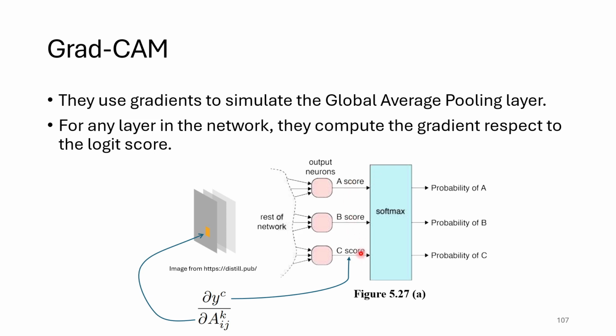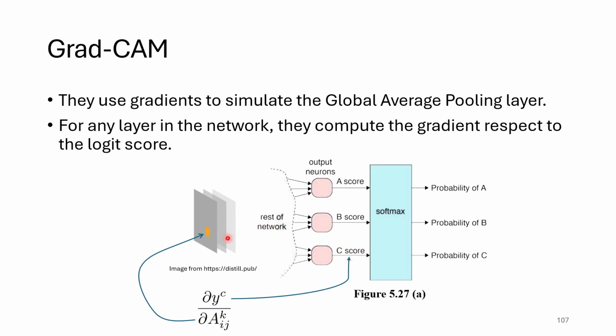And here is a key point. Because all the parameters are fixed, and this is a layer with several channels, they can compute the gradient from a value on a channel with respect to the class logit or class score.